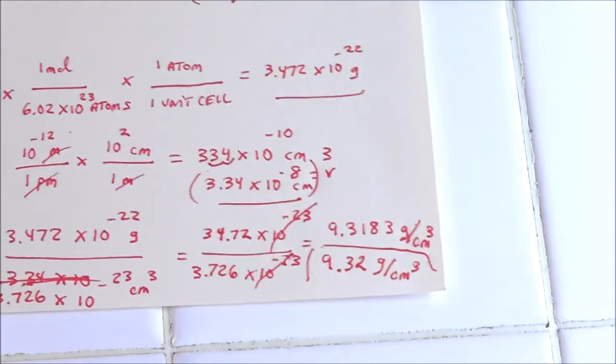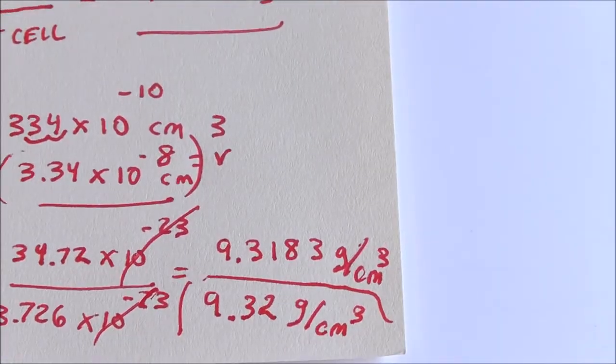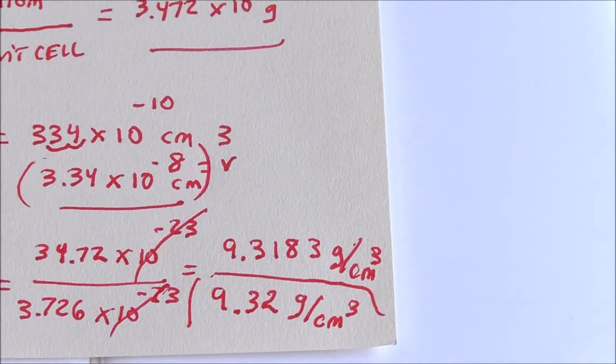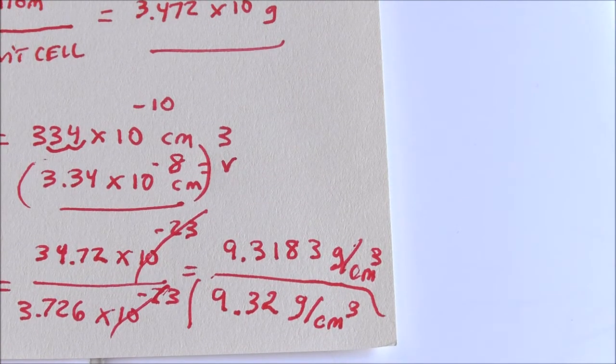Does that sound good? It don't sound bad. It's a metal. Metals usually have a density anywhere between like 2 and 20. And I think if you look up the literature value of polonium's density, that's pretty darn close. Which means that this is a very good way to either prove a unit cell and its structure from the density and the radius.